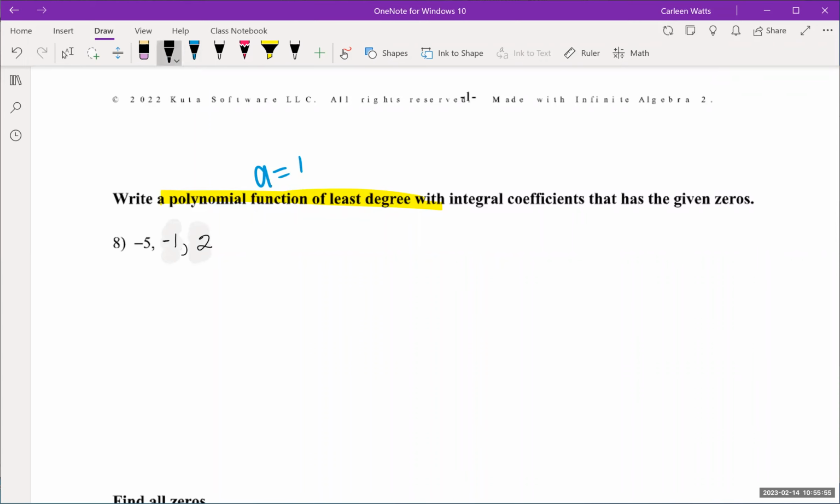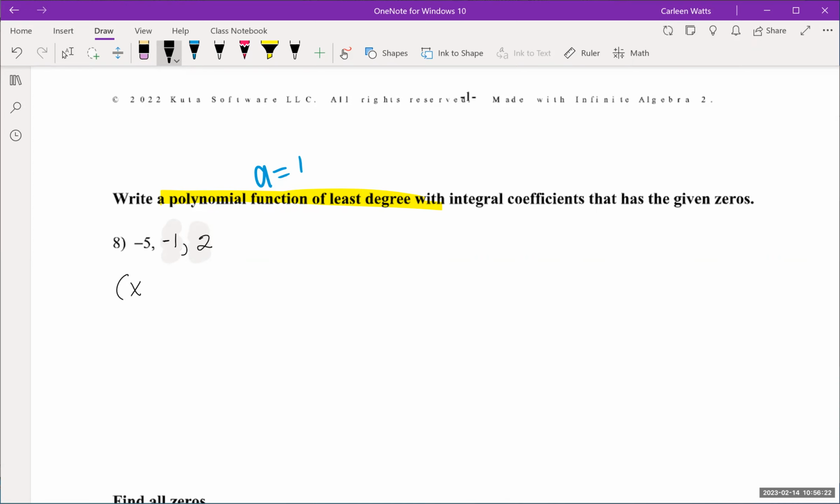Okay, so the 0 is -5. The factor is x. Am I going to change the sign or am I going to leave the sign? Does it have the fractions? Okay, cross off those fractions. We're going to do -5, -1, and 2.